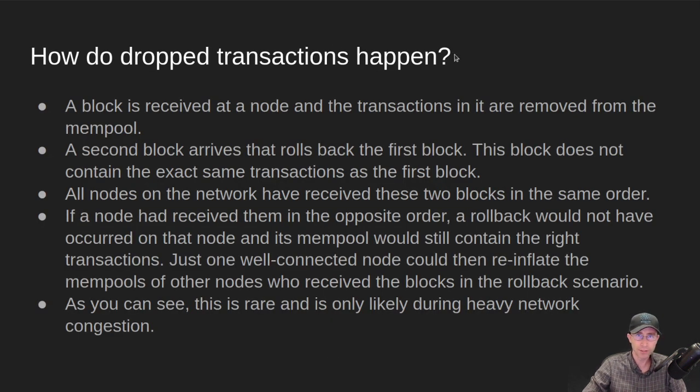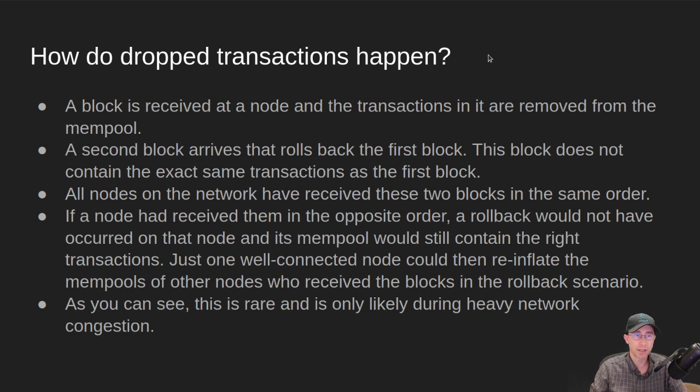So first of all, guaranteed transaction delivery implies that dropped transactions happen. So how do these happen? In the scenario where a block is received at a node, there are transactions in it, and those get removed from the mempool. Once they arrive in a block, the mempool gets cleaned out.